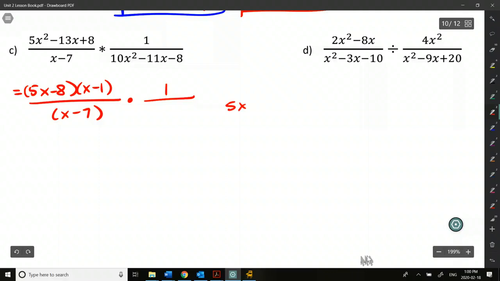Maybe 5 and 2. There we go. So it's 5x minus 8 and 2x plus 1.